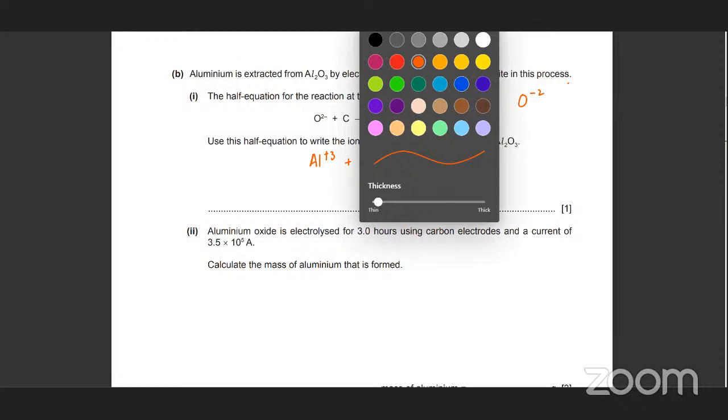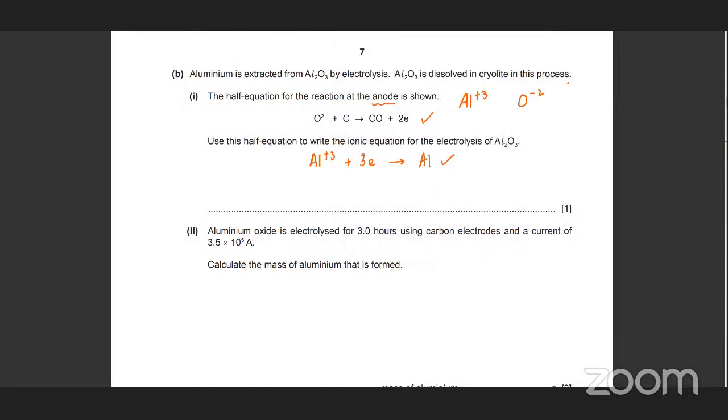The first thing is you balance the number of electrons that are lost and gained. So the 2 electrons lost and the 3 electrons gained must be made equal. So I'm going to multiply the first one by 3, so everything would be multiplied by 3, and this one would become 6. And this other one would be multiplied by 2, so that this 3 becomes 6.